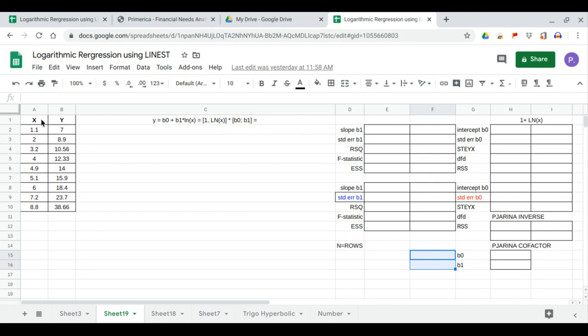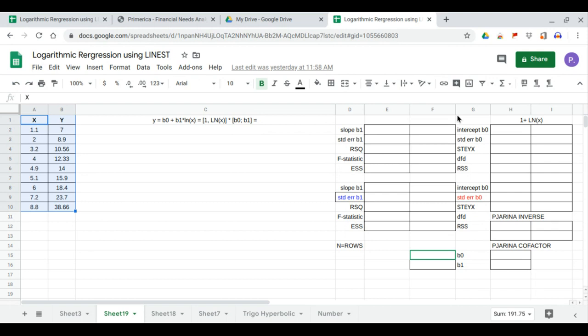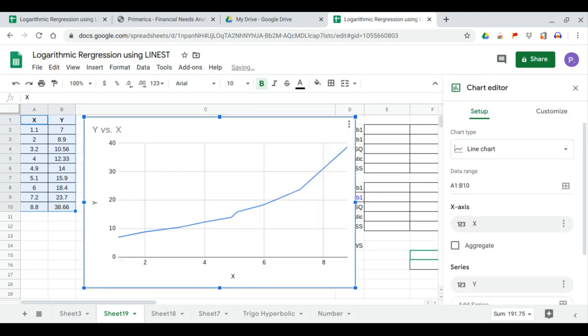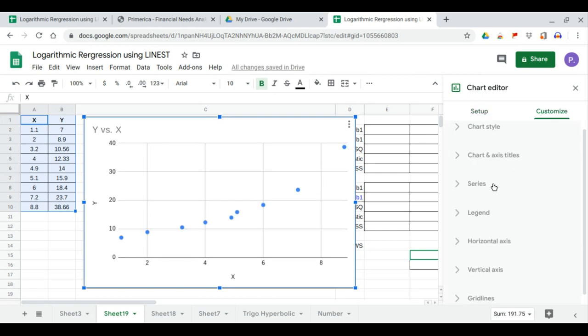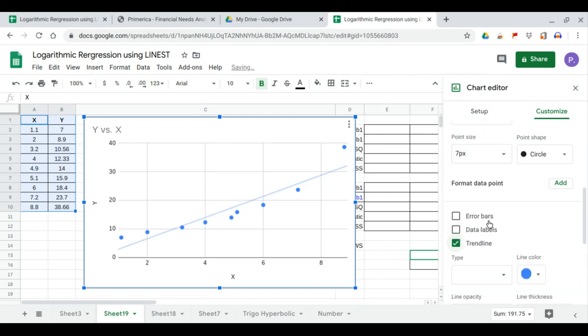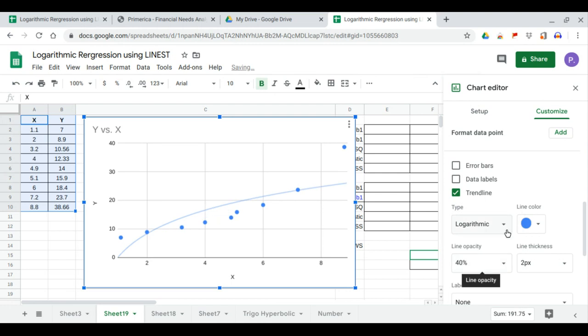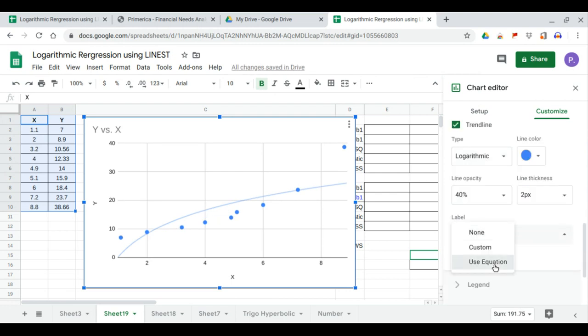So we begin with the equation from the chart, the scatter chart, where we convert this to a scatter chart and customize it, showing the logarithmic equation as a label.